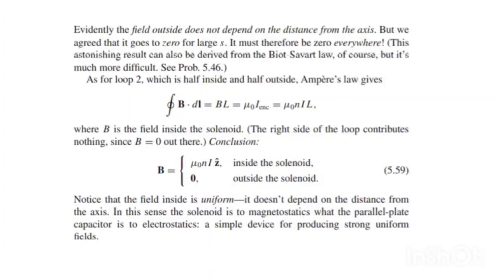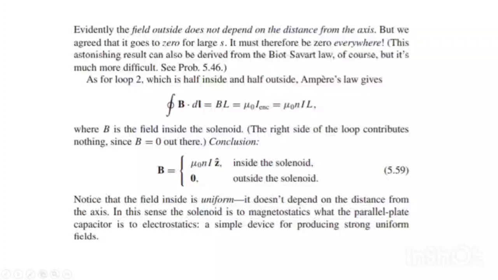The side of the loop outside contributes nothing, as the field there is zero. Therefore, the magnetic field can be expressed as mu naught n I z cap inside the solenoid, and B equals zero outside the solenoid.